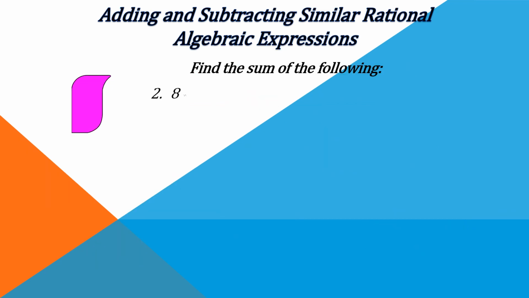Next example, find the difference of the following. Number 2, (8x minus 5) over 4 minus (x plus 3) over 4. So again, this is subtraction. The negative sign here is a sign of operation, which is subtraction.